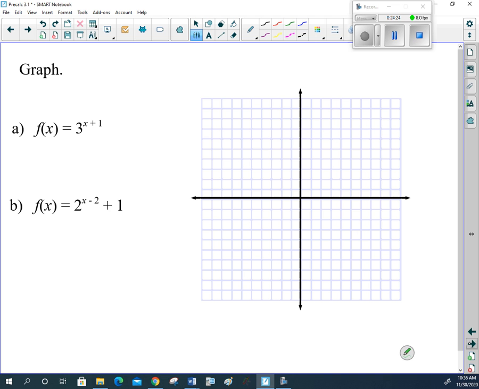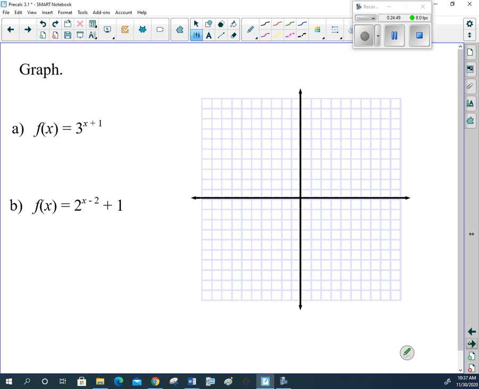Okay, so when we're graphing, we can always do a table of values for this. We can pick a table of values. We could type it in our graphing calculator and see what it looks like. But we kind of want to start out using what we know about the generic shape of the graph and how it's affected by transformations. So what I mean by that is this one right here's base is 3.